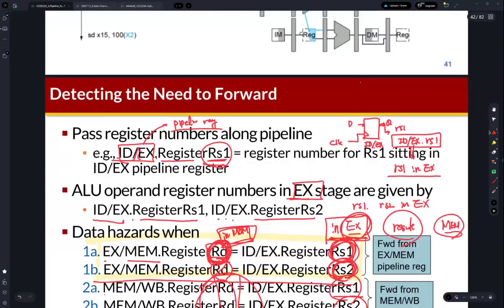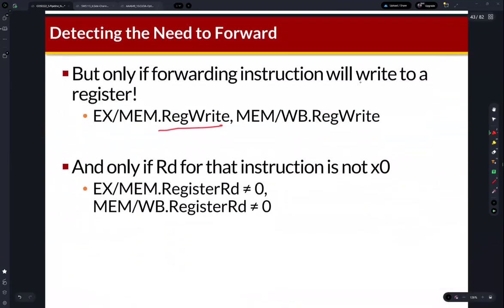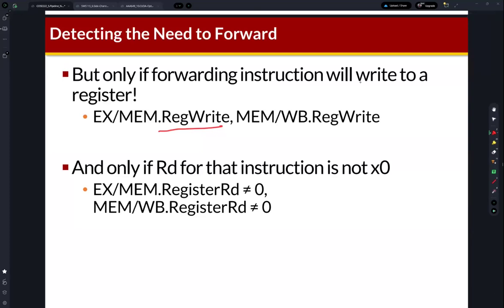Data forwarding is necessary when the former instruction stores data to the register file, which means the former instruction needs to write the result to the register file. In this case, we may require data forwarding. If the data is not written back to the register file, then we don't need to perform data forwarding. Actually, we need to avoid it.